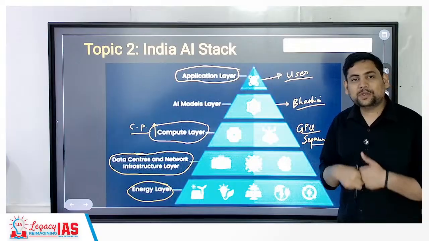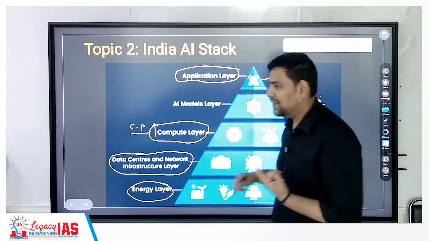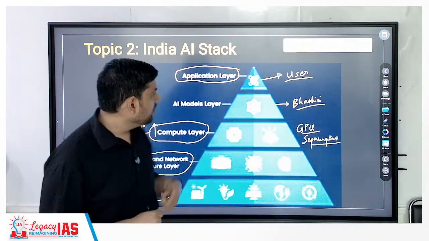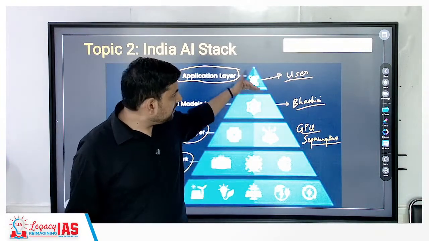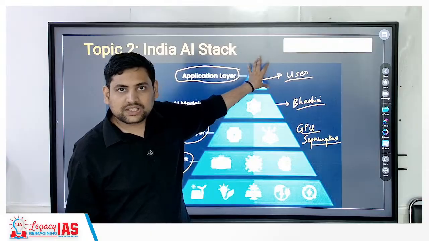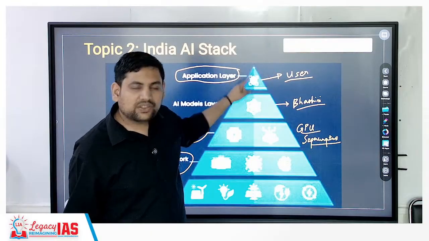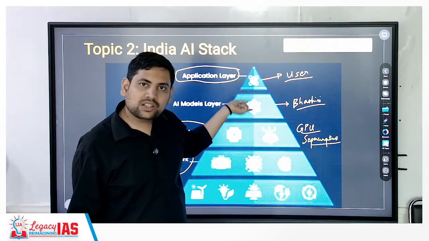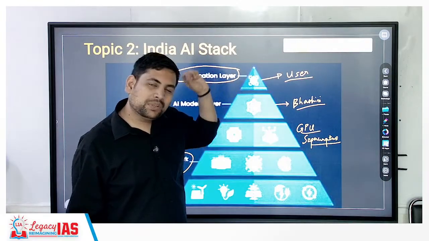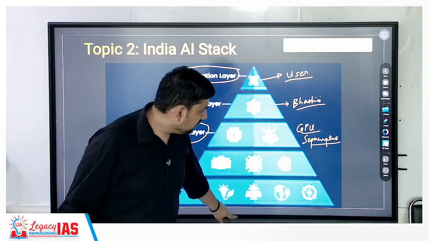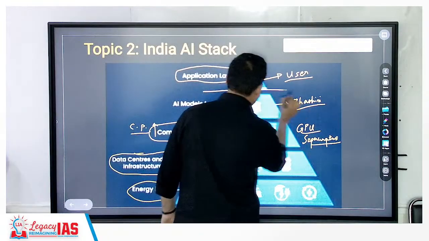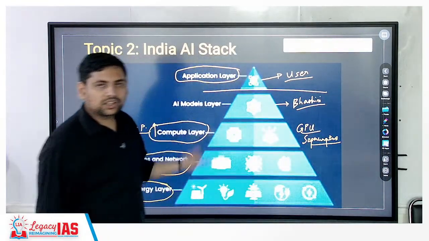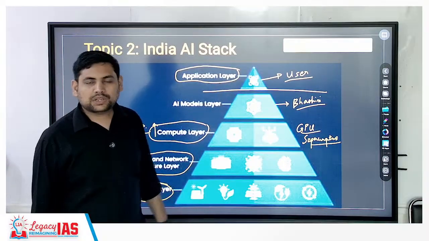Whatever AI system or AI application you are using is the application layer. Eventually you will only see this, but for it to be developed indigenously in India, precisely for our requirements, we need all the other layers also, which may not be visible to you but are even more important than the top application layer.